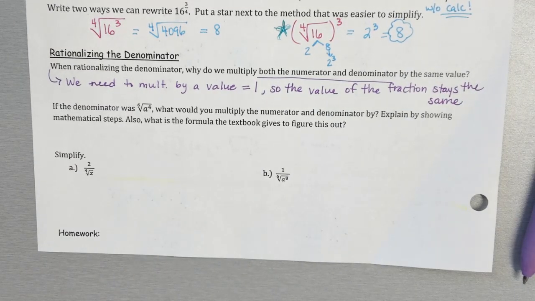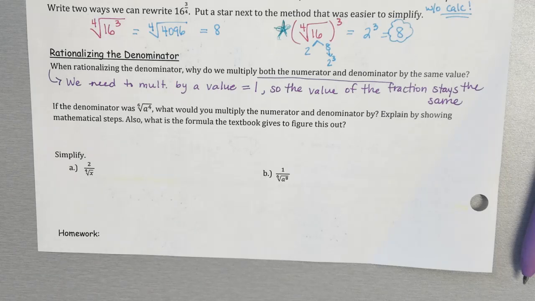Right, so we need to multiply by a value equal to 1 because that means the value of the fraction stays the same. Okay, the fancy way to say that is it's a multiplicative identity. When you multiply something by 1, you will always get the same thing. Okay, when you multiply something by 1, it's the same value. So that's why we're able to do that.